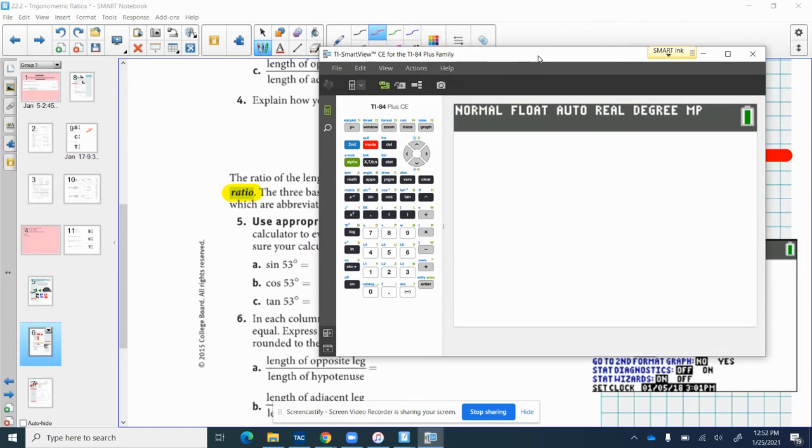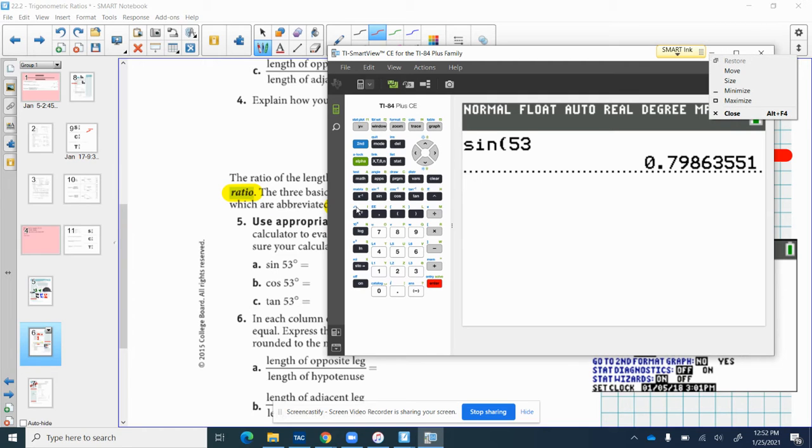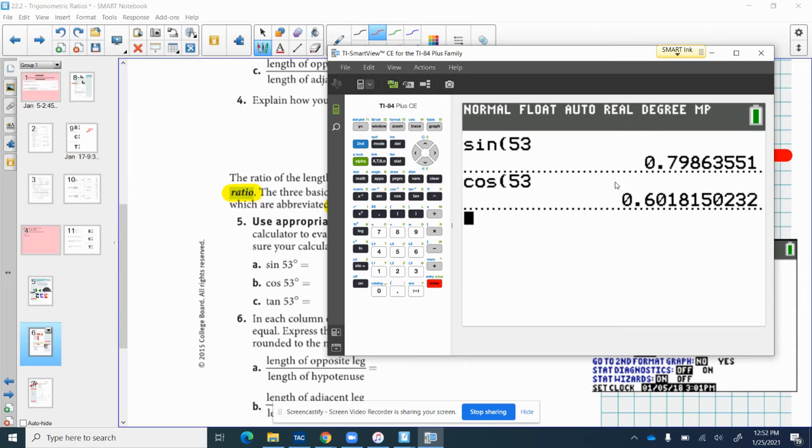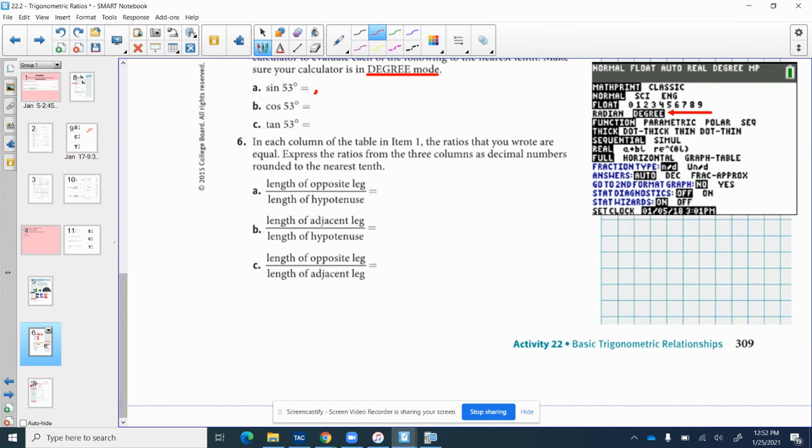What we're going to notice is if we hit sine of 53 degrees, that's 0.79, aka right about 0.8. If we do cosine of 53 degrees, that's about 0.6. And if we do tangent of 53 degrees, it's about 1.3. And what we notice is that is the decimal equivalent of each of our values.